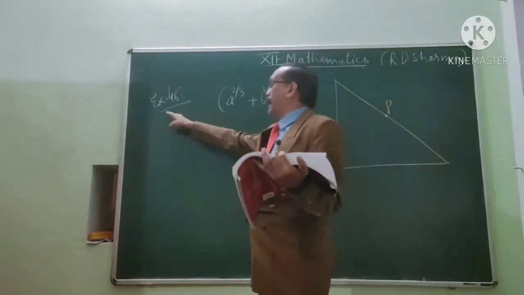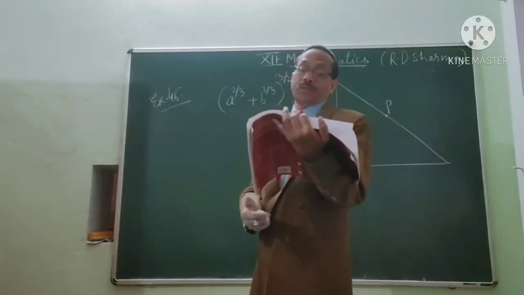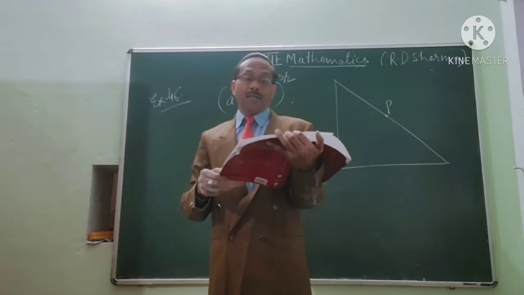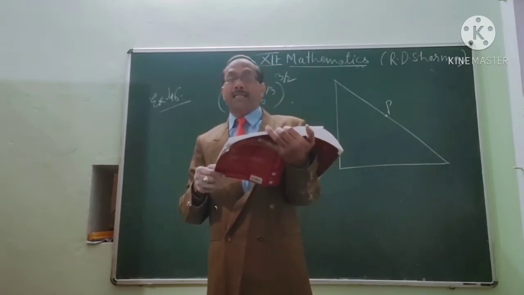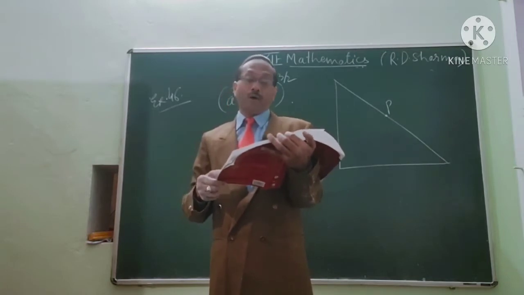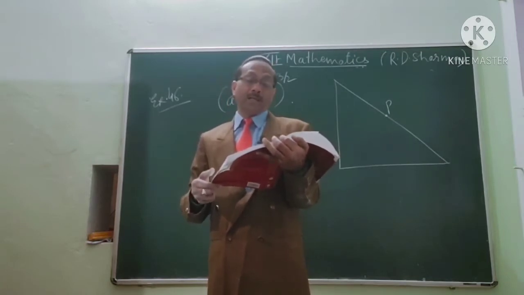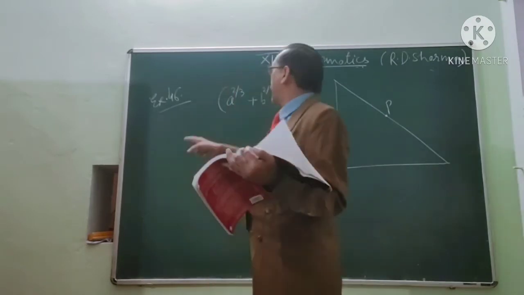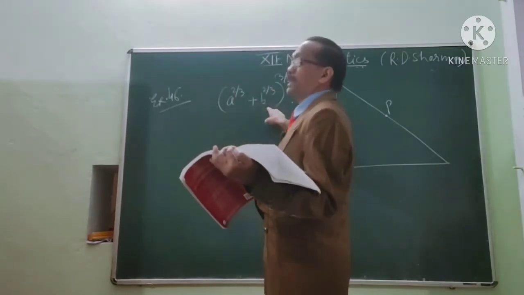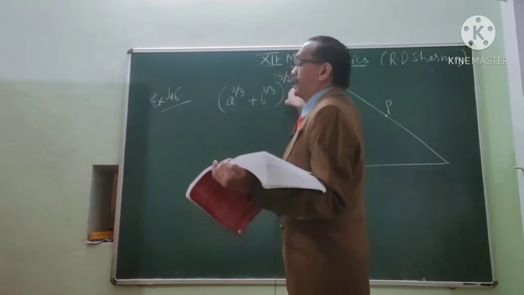Students, now example 46. The question is: a point on the hypotenuse of a right triangle is at distances a and b from the sides of the triangle. Prove that the minimum length of the hypotenuse is (a^(2/3) + b^(2/3))^(3/2).